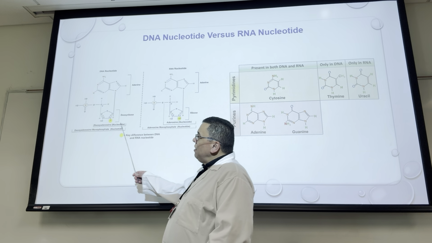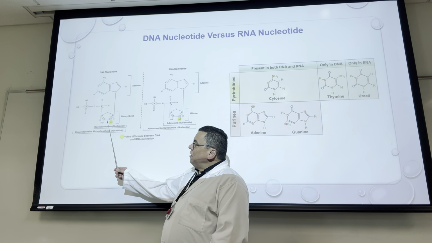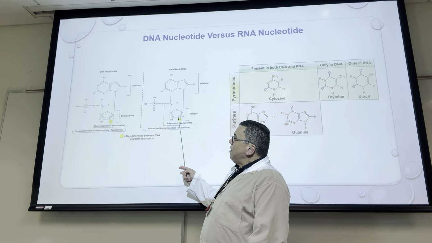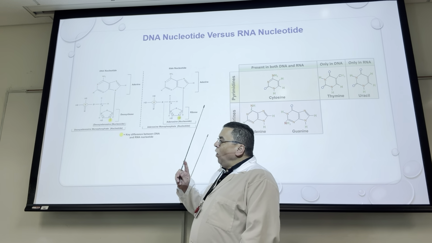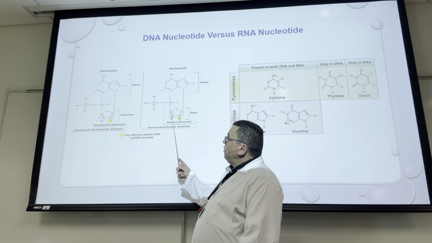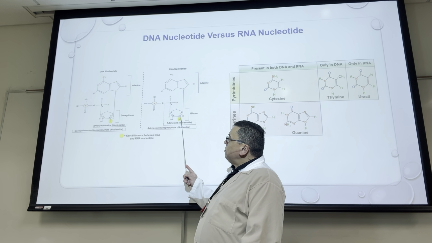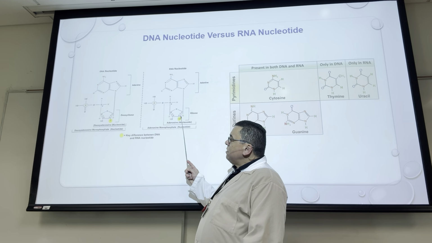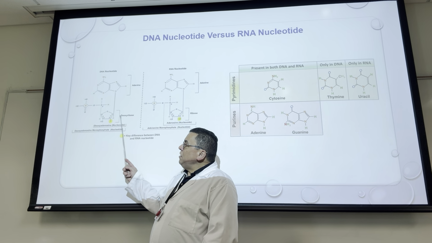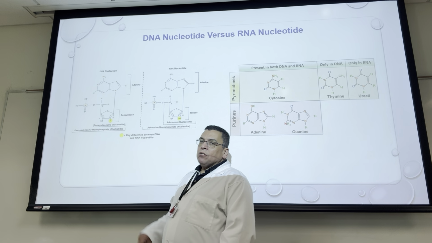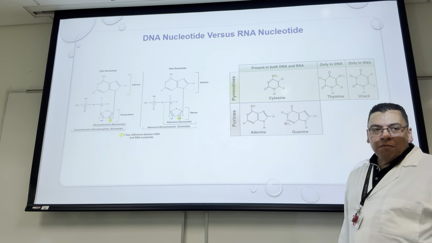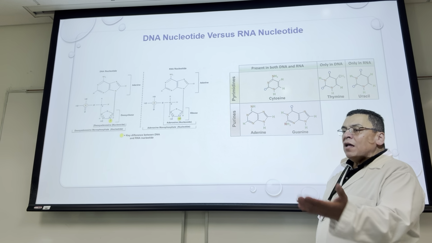So if you look at the pentose sugar in DNA and the pentose sugar in RNA, you'll realize that the only difference is that the pentose sugar in RNA, which is the ribose, has an oxygen in the second carbon. The pentose sugar of DNA does not have that oxygen, and that's why it's called deoxyribose. It is a ribose without the oxygen.